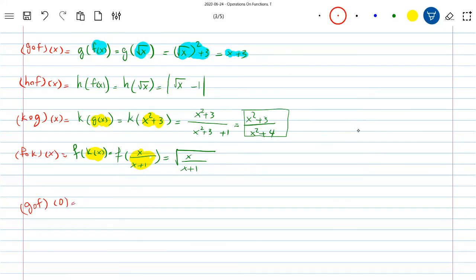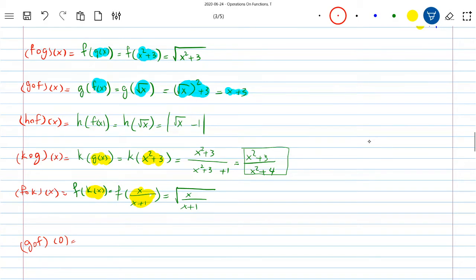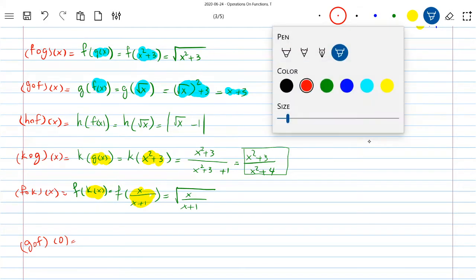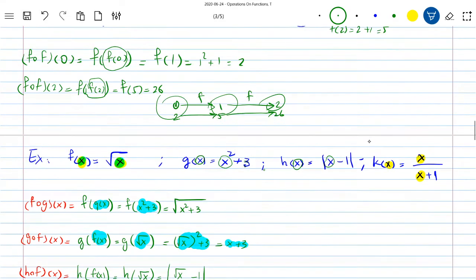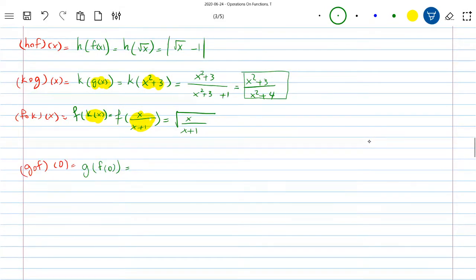Let's figure out what we get. g of f of 0. What is f of 0? Into the function f, if I replace 0, what do I get? The square root of 0. The square root of 0 is simply 0. So instead of f of 0, this whole thing is 0. So I have g of just 0.